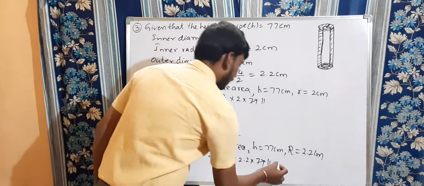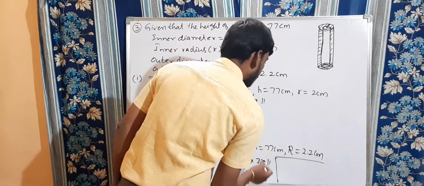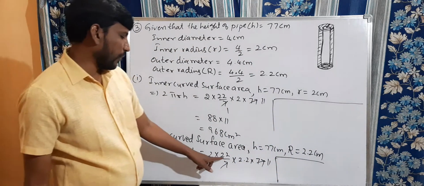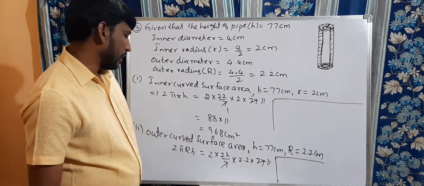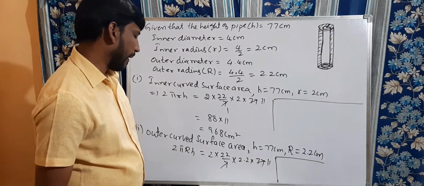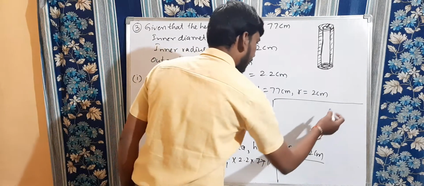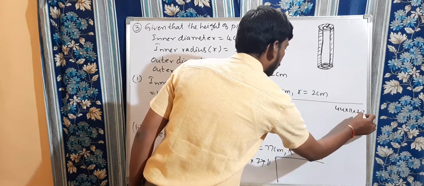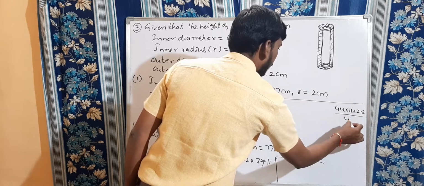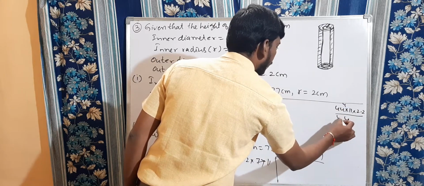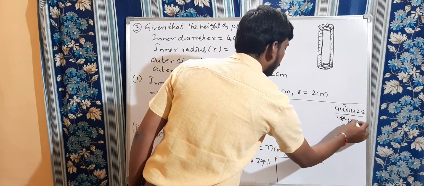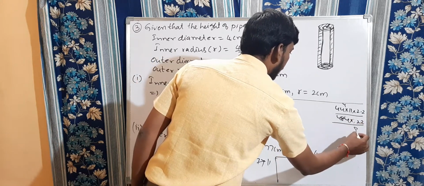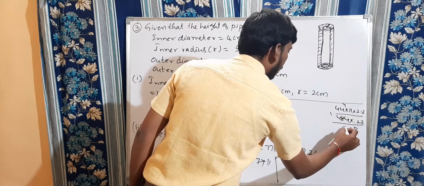Now by multiplying, what is the answer here? Now here 44 into 11 into 2.2. 11 4s are 44, plus 4 is 48, into 2.2. Again multiply with 22. That is 8, 16, 9.